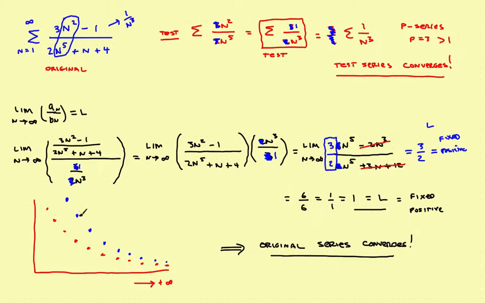So the idea is, in this case, if this height is 2, then this height would be 3. But if the red dots are converging, then so are the blue dots. The important thing here is that you picked the order of magnitude right: the original series was n cubed, the order of magnitude of the test series was n cubed.